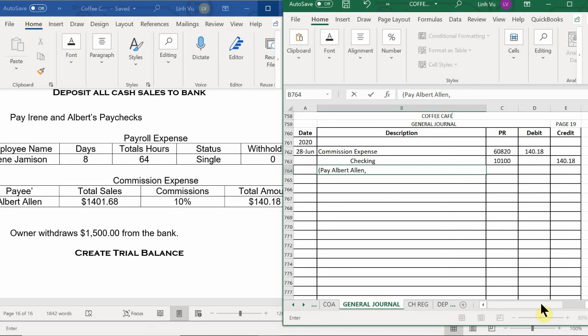Would you break it down on how he was paid? On 10% commission. Check number 1529.